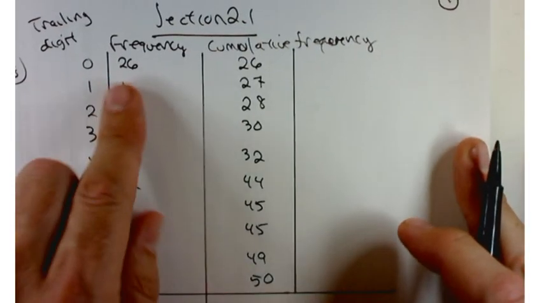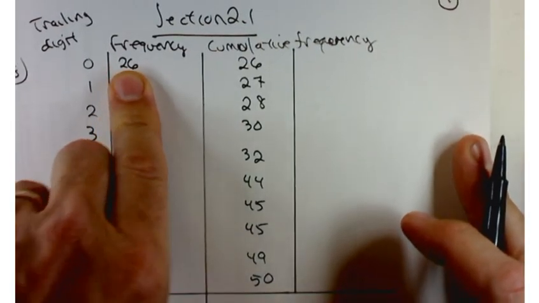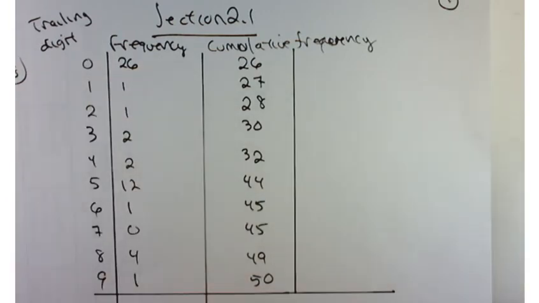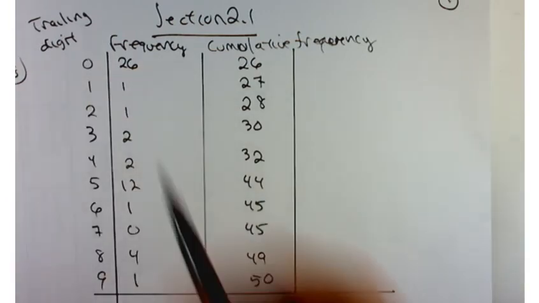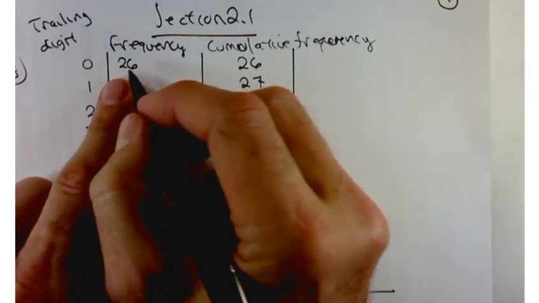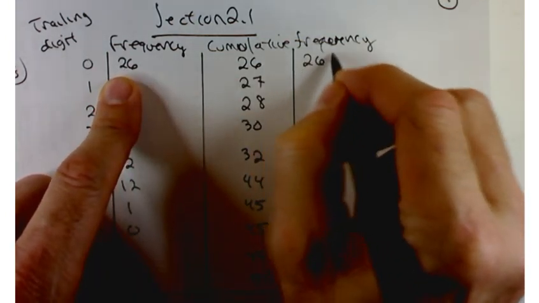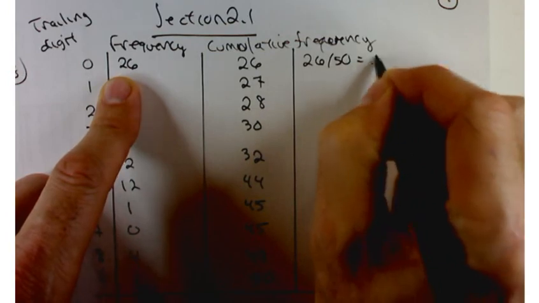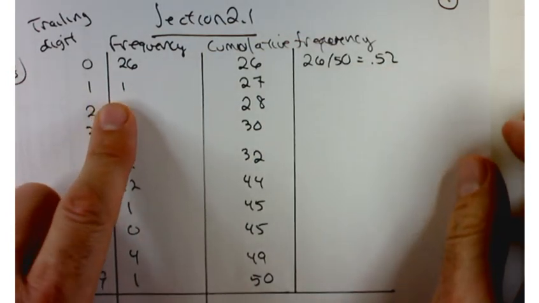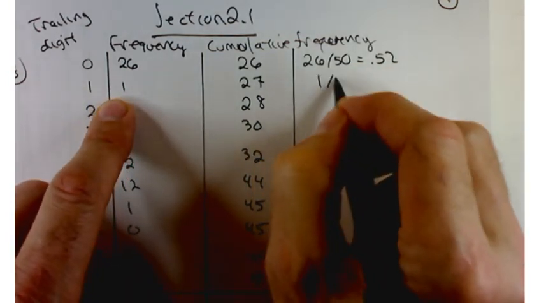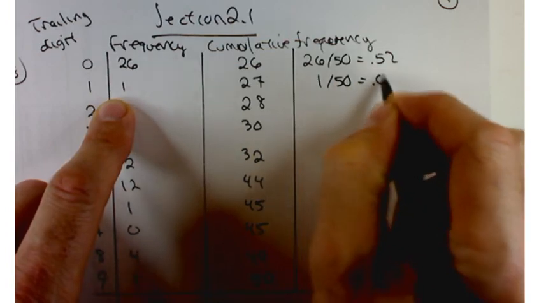That is, what percentage of people in this data set had a trailing digit of 0? Well, 26 divided by 50 is 0.52. 1 divided by 50 is 0.02.